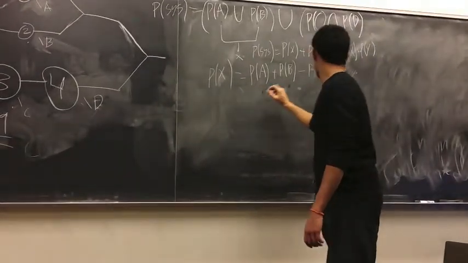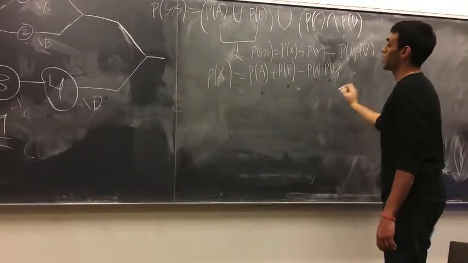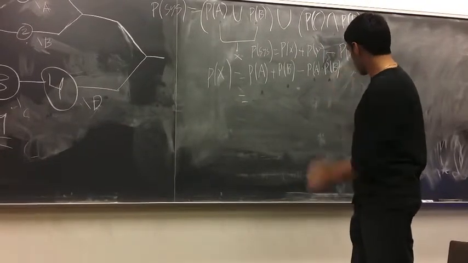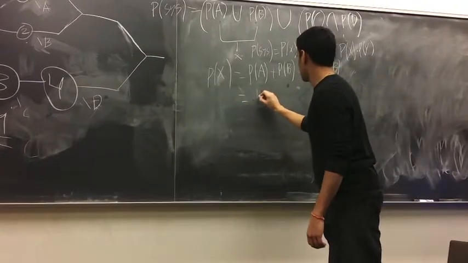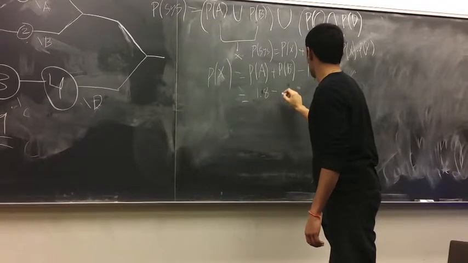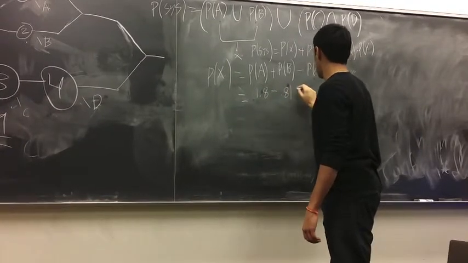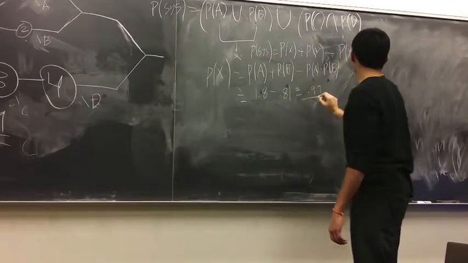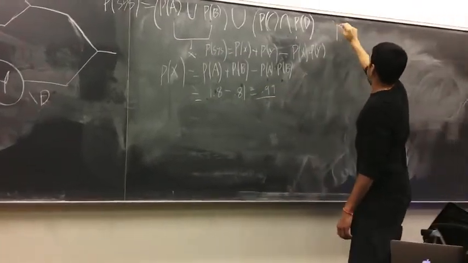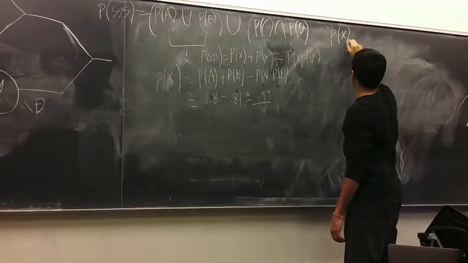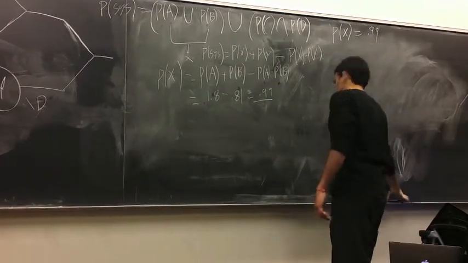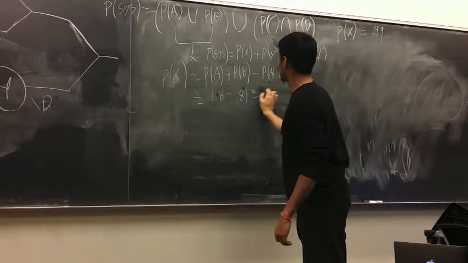So we have 1.8 minus 0.81, which is equal to 0.99. I'll write it over here. The probability of X is equal to 0.99.